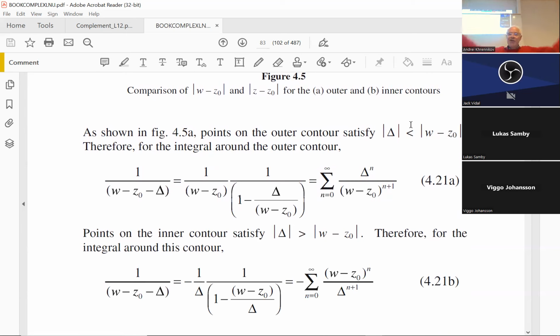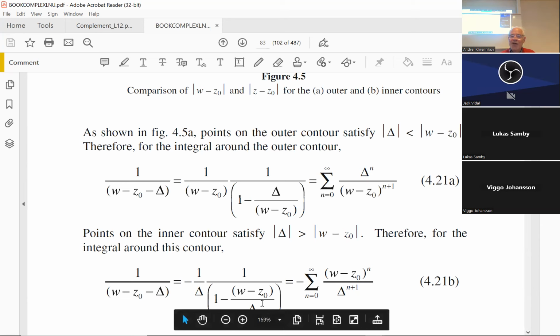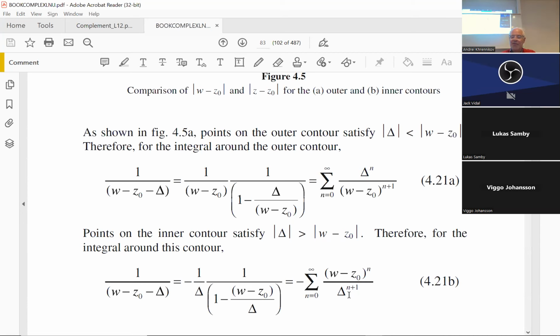So on the big contour, we have this. On the small contour, we have this. Here we cannot write it in this way, delta divided by this, because it would be larger than 1. So we do it the other way around. We write W minus Z0 divided by delta. So now delta on the small contour is in the denominator.